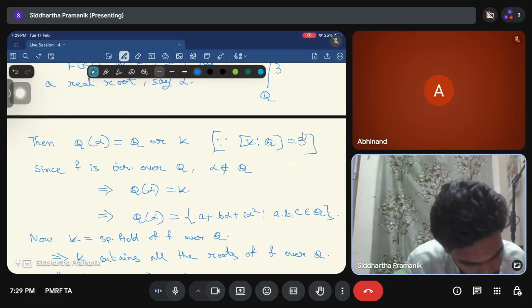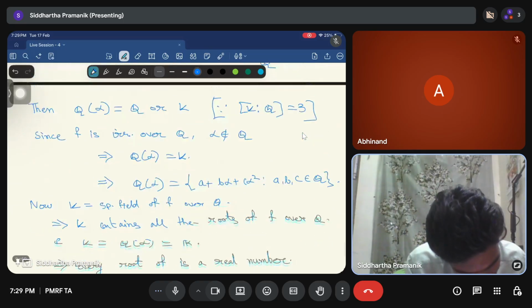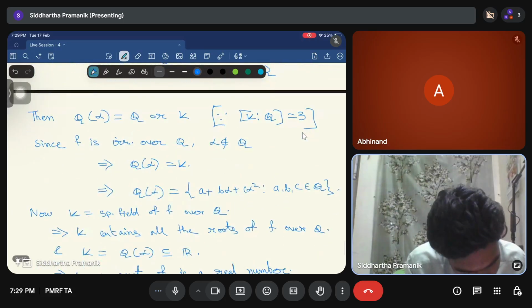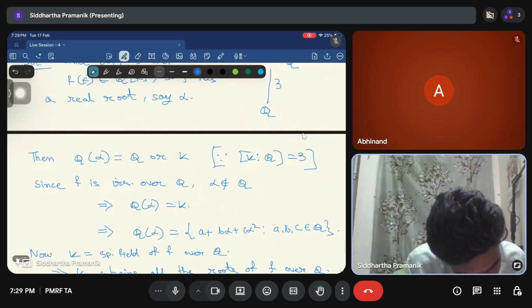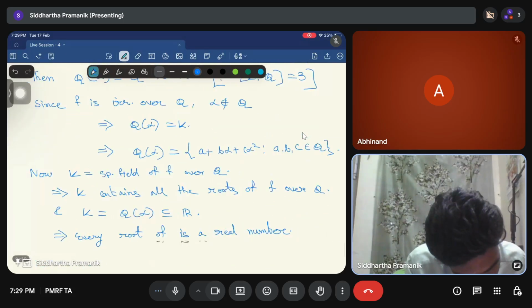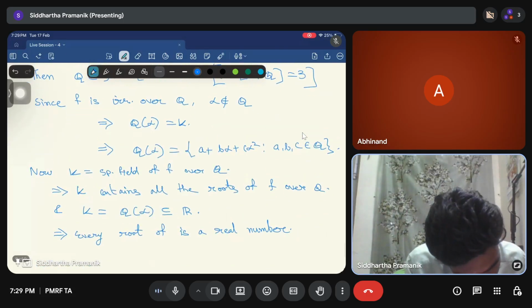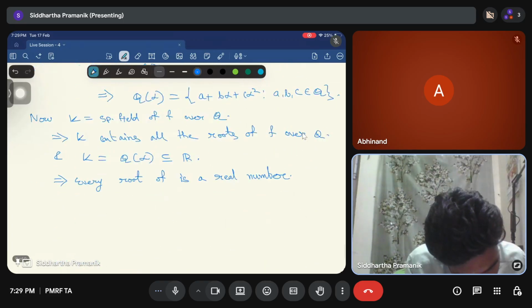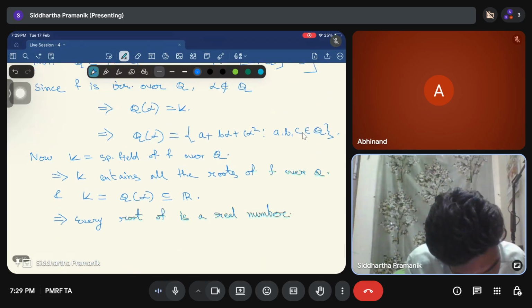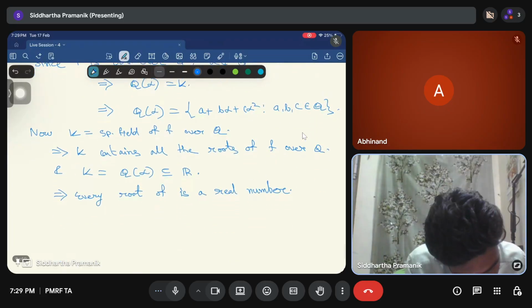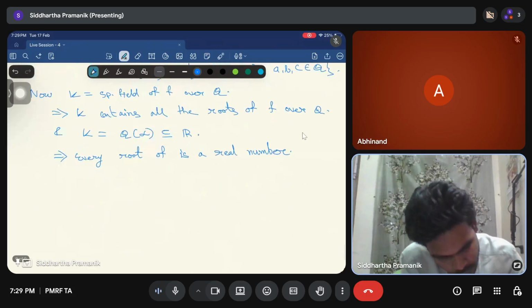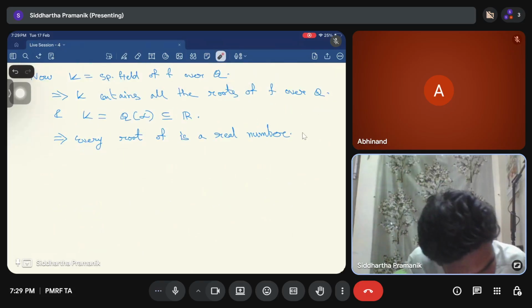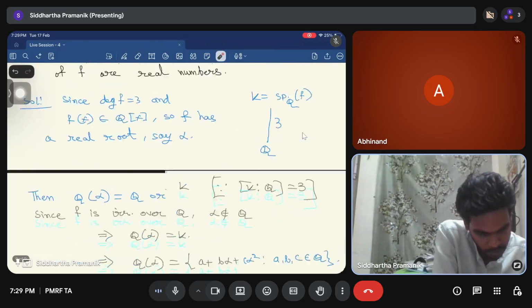The degree has to be a prime number. So if f is not irreducible, then its Galois group cannot be Z3.